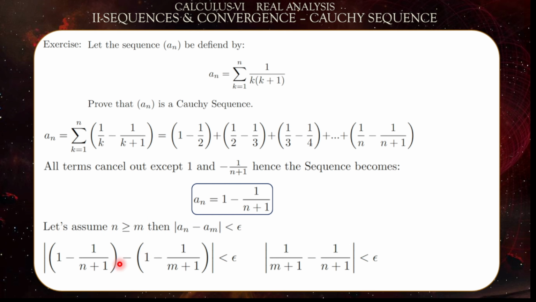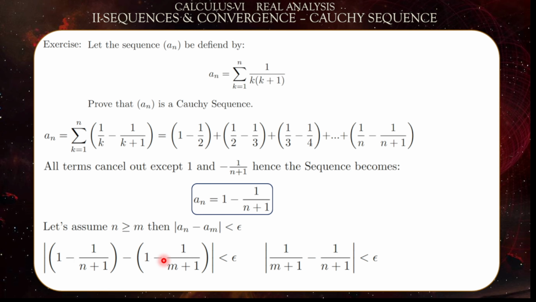Let's assume n is greater than or equal to m, then a_n minus a_m should be less than epsilon, where of course n and m are greater than or equal to N. So the absolute value of (1 minus 1 divided by (n plus 1)) minus (1 minus 1 divided by (m plus 1)) is less than epsilon.